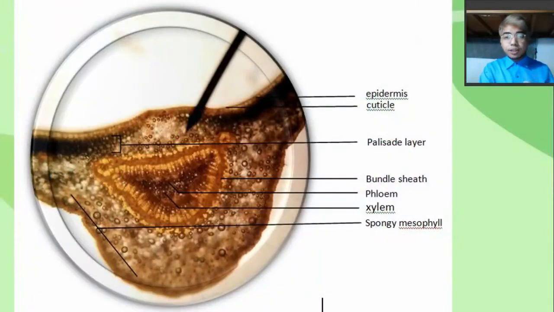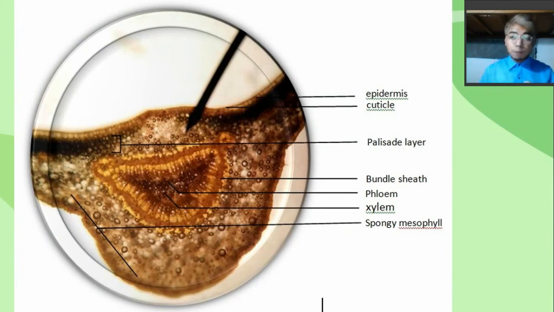Another part of a leaf is the midrib. The midrib is the center of the conduction of minerals and water throughout the leaf. As you can observe here, there are the phloem and the xylem, if you still remember the different types of plant tissues you encountered in Science 7 and Science 8.